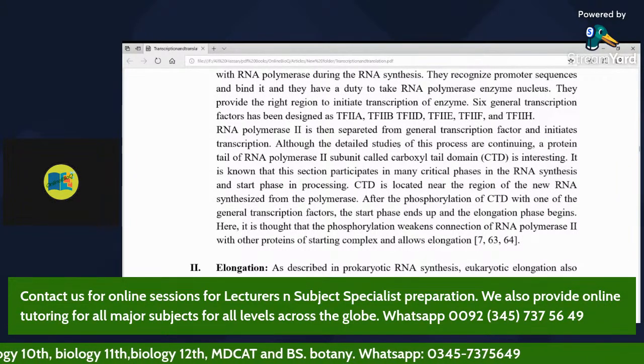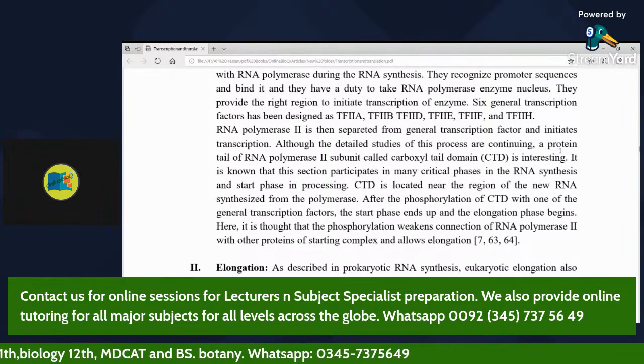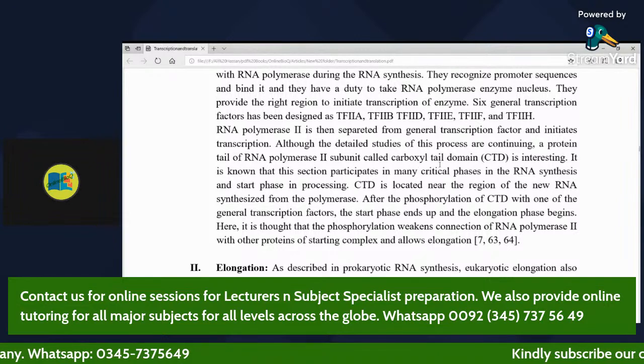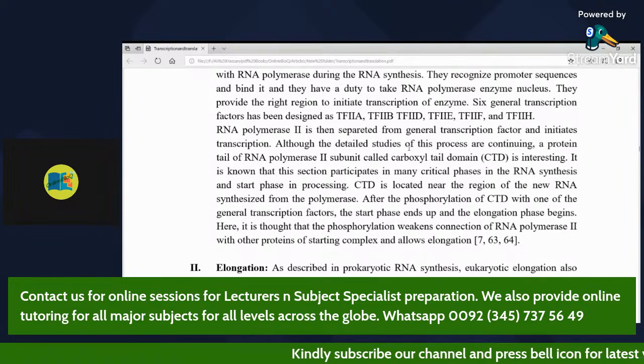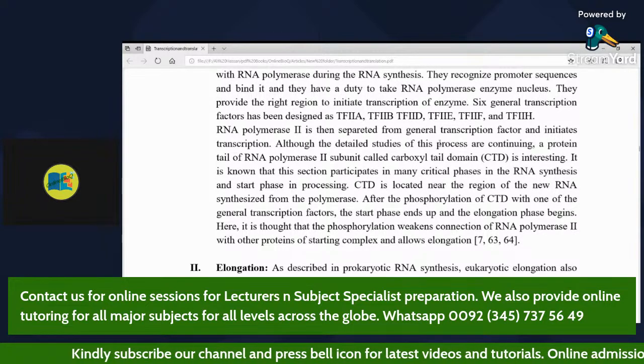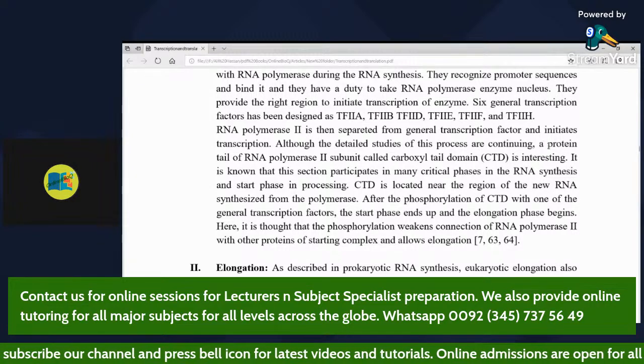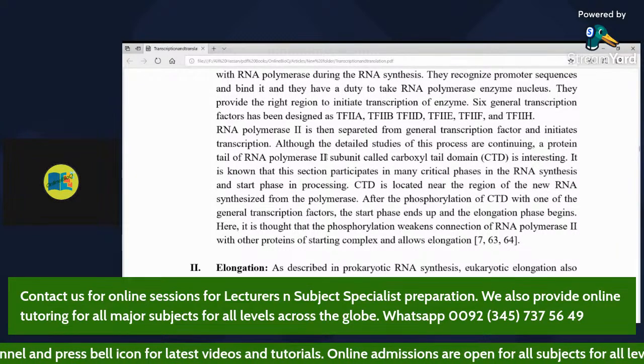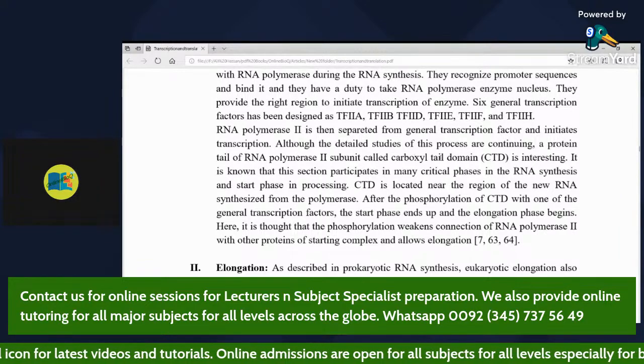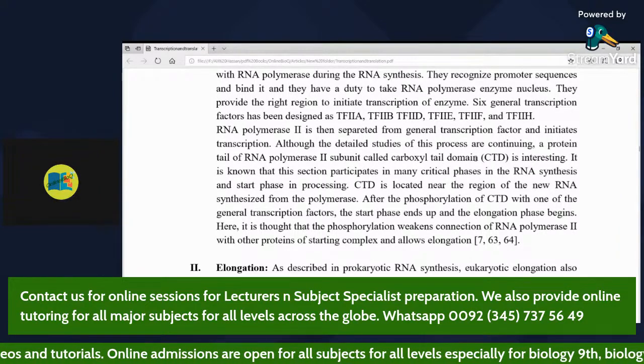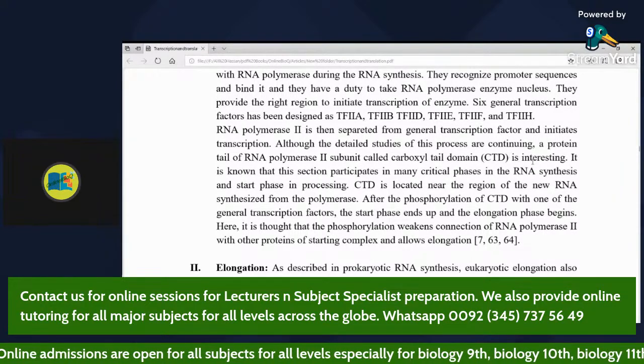Although detailed studies of this process are continuing, a protein tail of the RNA polymerase 2 subunit, called the carboxyl tail domain (CTD), is interesting.